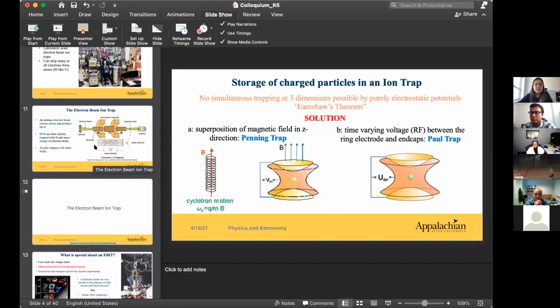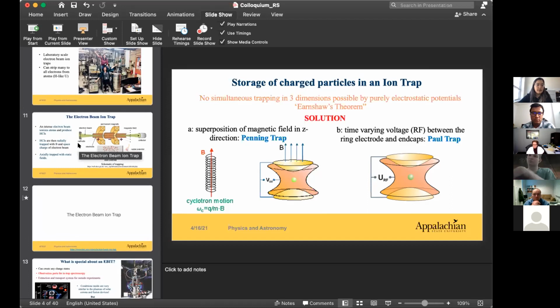At the NIST EBIT, we've been able to create hydrogen-like, helium-like, heavier stuff. At the Livermore EBIT, they have been able to create hydrogen-like uranium, which needs, I have to look up the ionization energy to tell you exactly, but I think that one had maybe 100 kilo electron volts capability. But the standard EBITs have electron beam energy up to 60 kilo electron volts. So yes, you can create bare ions. It's quite impressive.